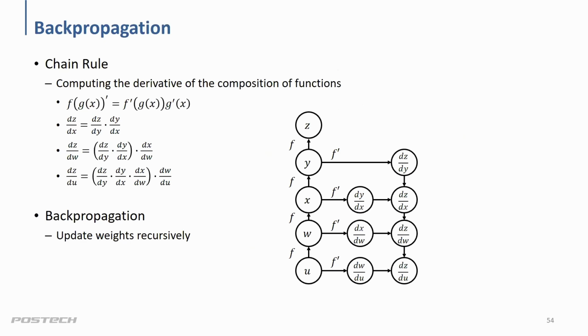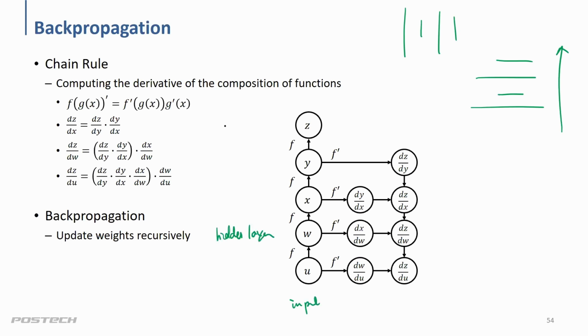So let's think about back propagation. I'm representing it this way, but now I'm explaining it in that direction. So I'm thinking this is the inputs and hidden layers, and think of this as outputs.